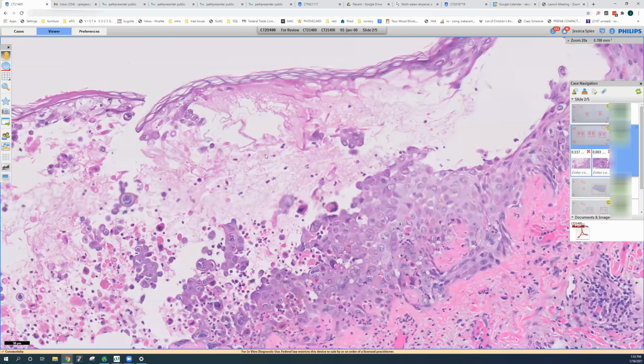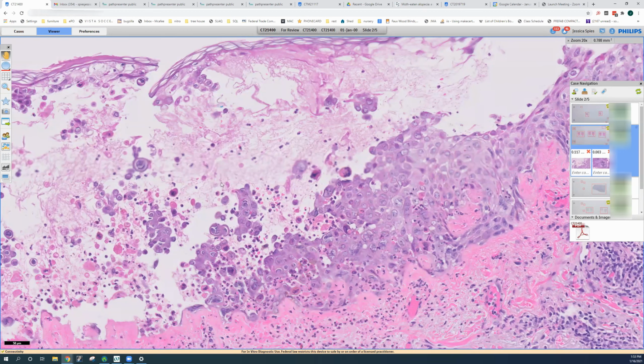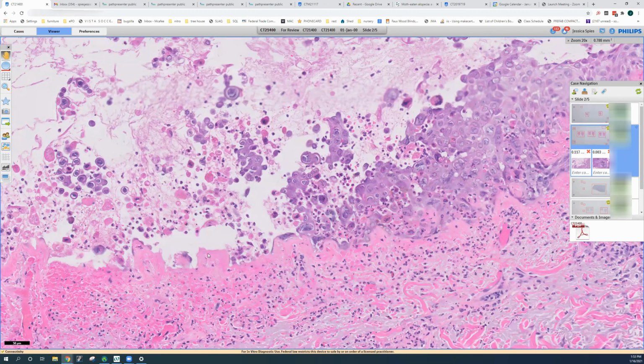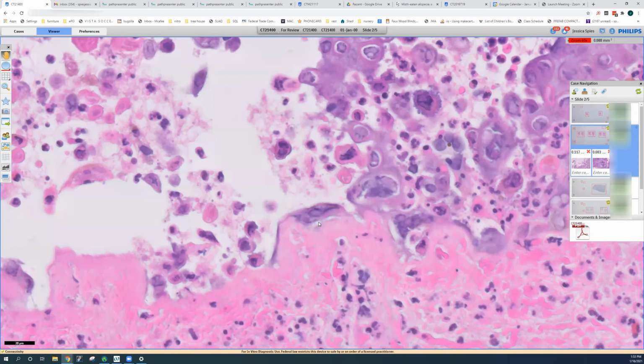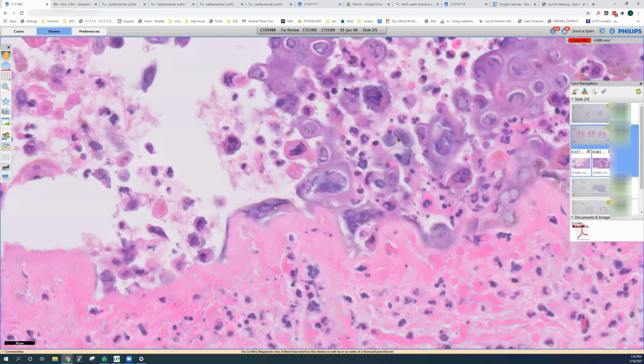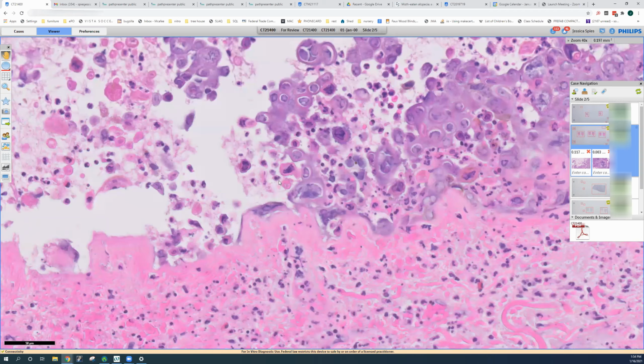And if we look closely at what's in the blister, we can see all these acantholytic cells. Some sticking to the basal layer, or some intact basal layer cells still. And look at these cells, acantholytic, and they have this smudgy gray nuclei.